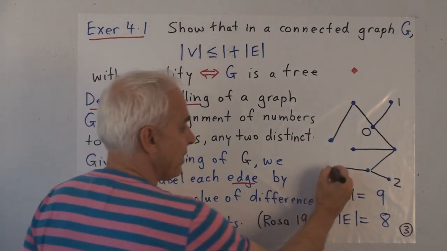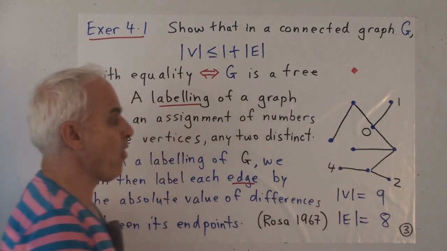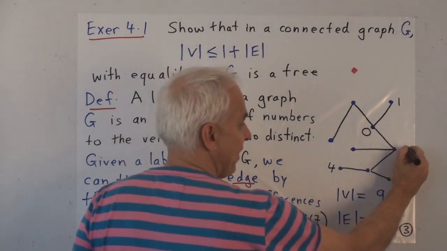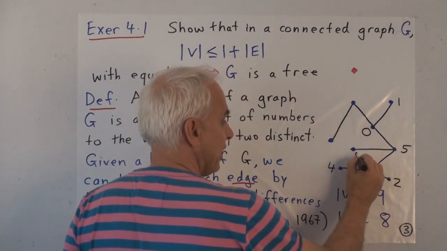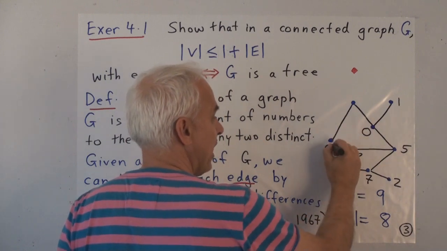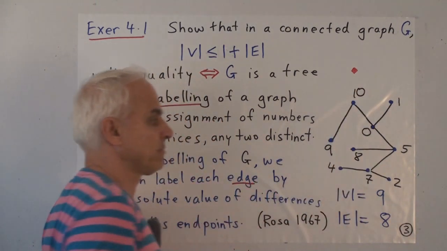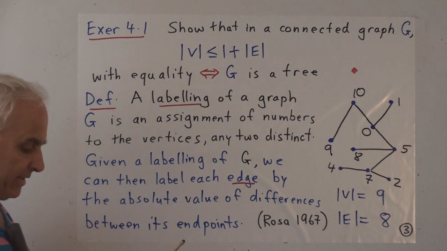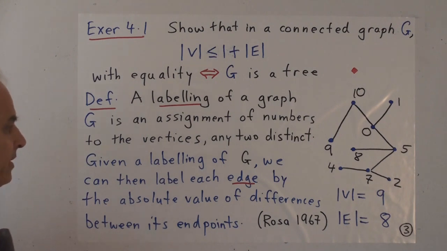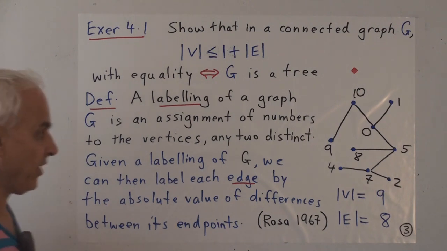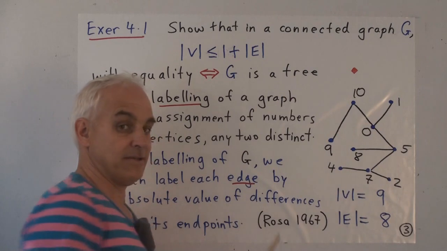So maybe we could skip and label that one 4, and then this one might be 5. We might skip 6 and call this one 7, and label that one 8, 9, and 10. Okay, so that's an example of a labeling of this graph. Any two vertices get different numbers.